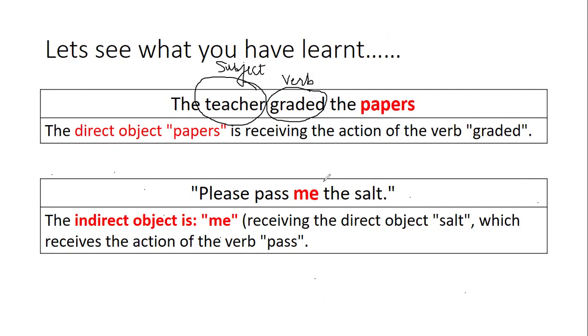And what is she grading? She is grading the papers. Noun. And which is our direct object? So the direct object papers is receiving the action of the verb graded. So this sentence was about direct objects.